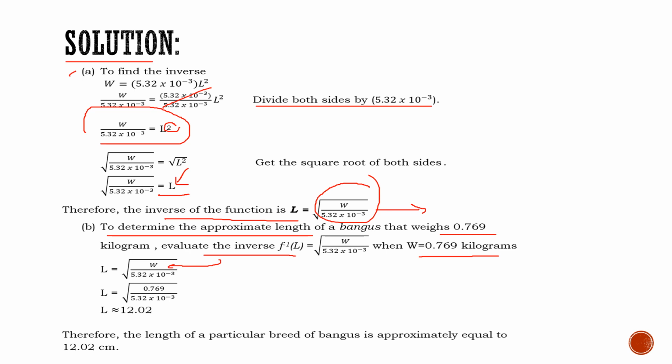That's why it becomes the square root of 0.769 over 5.30 times 10 raised to negative 3. So the length now is approximately equal to 12.02. So therefore, the length of the particular breed of bangus is approximately equal to 12.02 centimeters. So that will be our final answer.